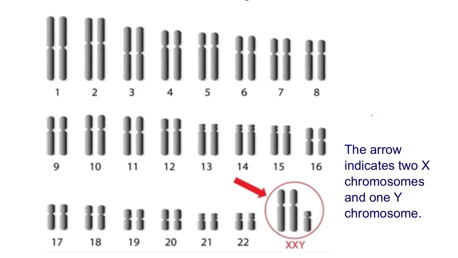This is an example of aneuploidy with the sex chromosomes. It's called Klinefelter's syndrome. This person would look like a male, but he has an extra X chromosome. A person with Klinefelter syndrome, as he grows up, might not produce enough testosterone, the male hormone, and that would cause him to be maybe infertile.